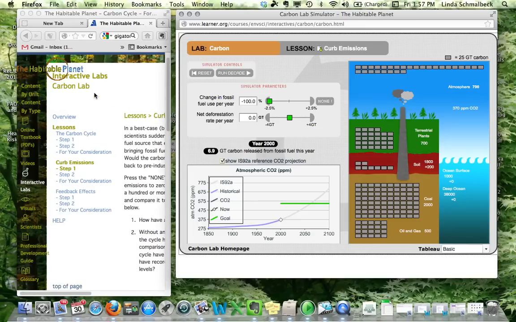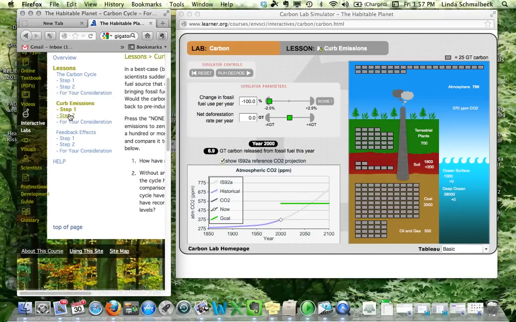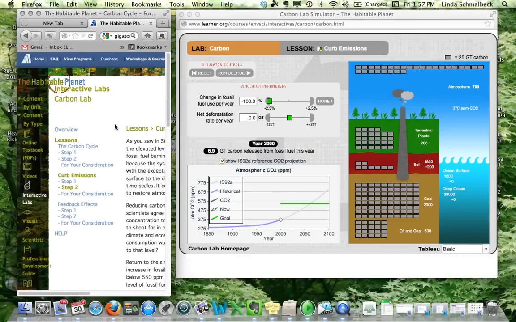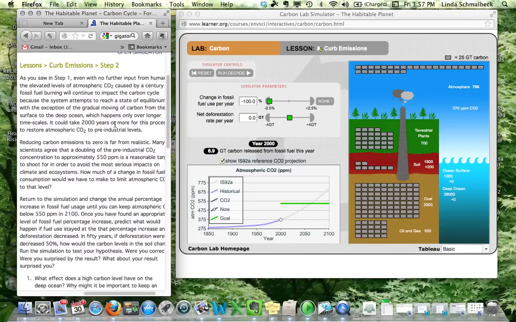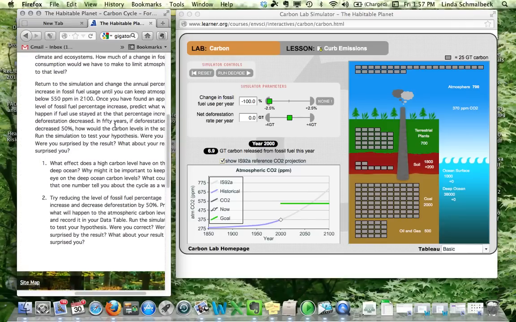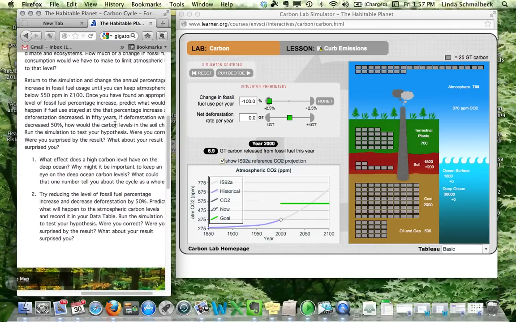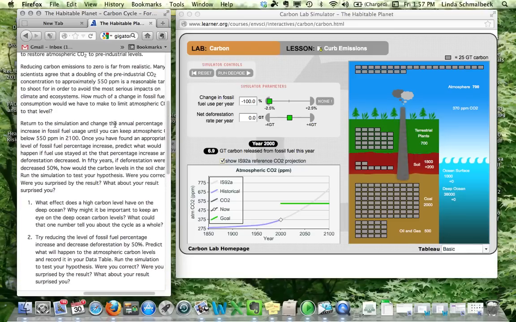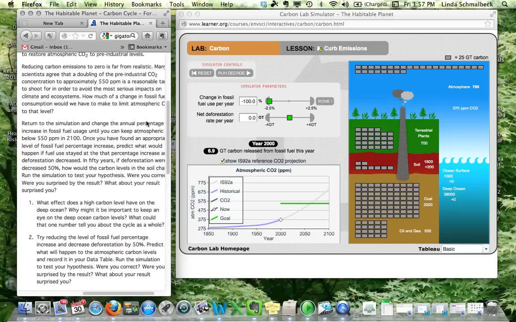Then you want to go to Step 2. Let's take a look at Step 2. And here you are in Step 2. And if you look at the questions in Step 2, you're supposed to move the fossil fuel usage around a couple of different ways.